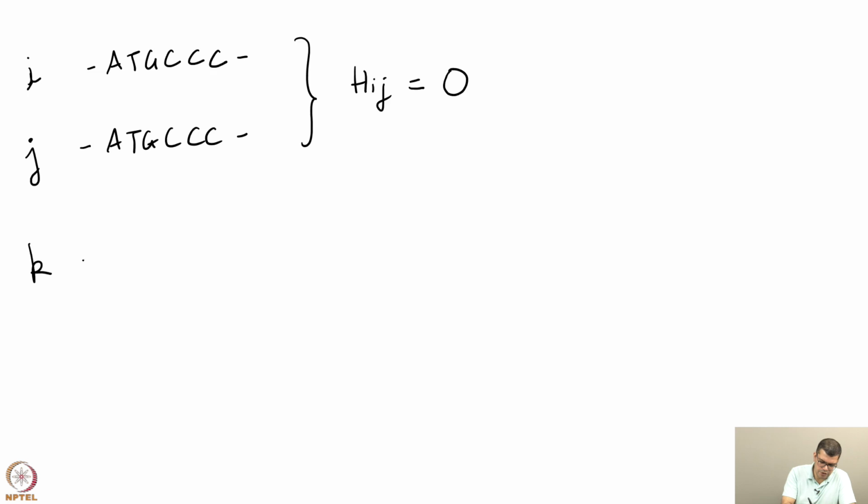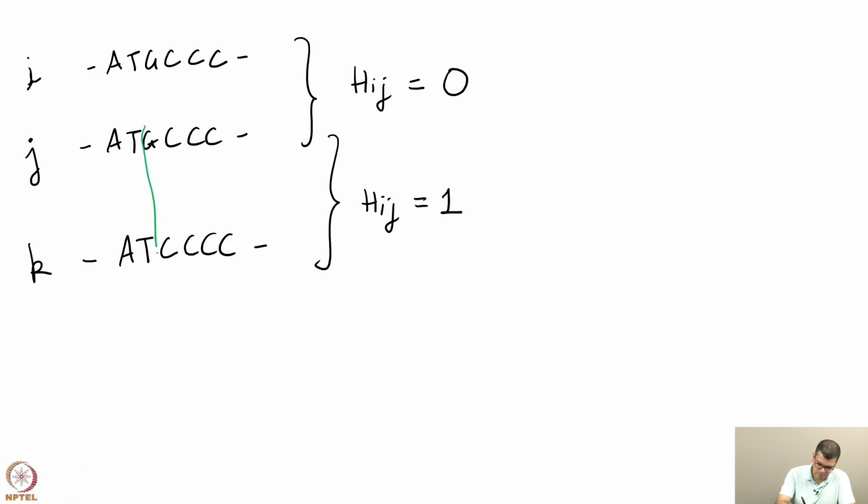However, if I take individual K, its sequence is ATCCCC, then Hamming distance of JK is equal to 1, because there is this one position out of 6 where the nucleotide does not match.